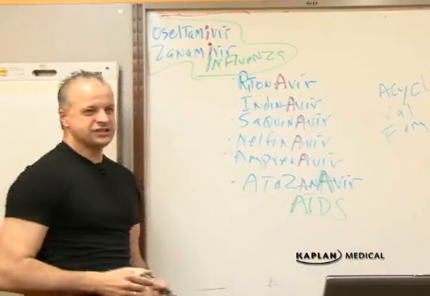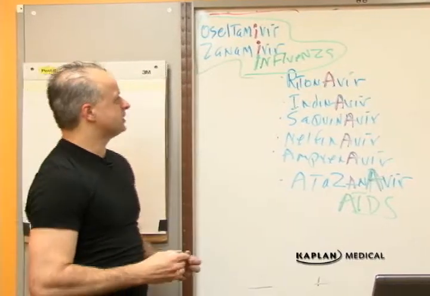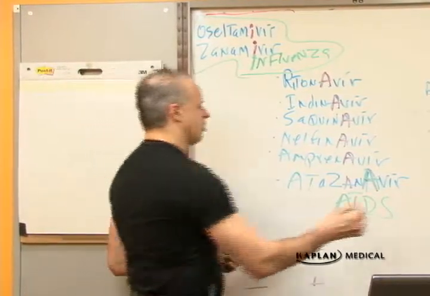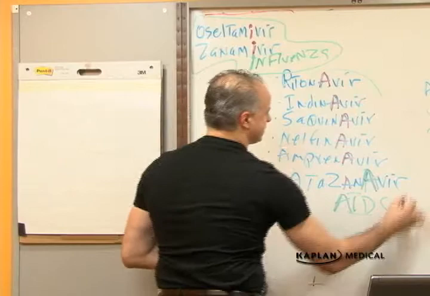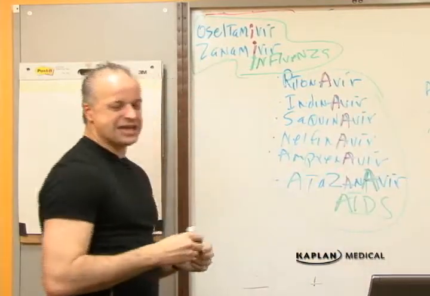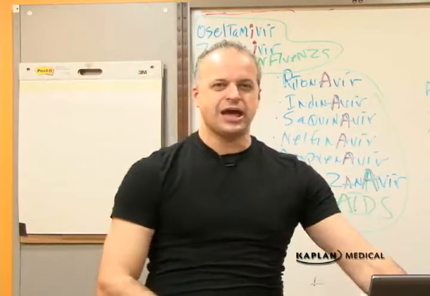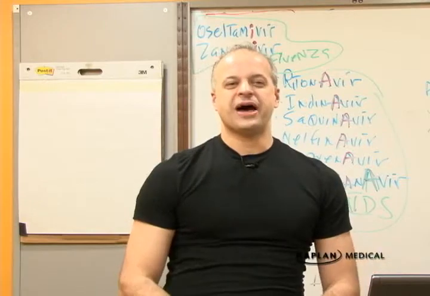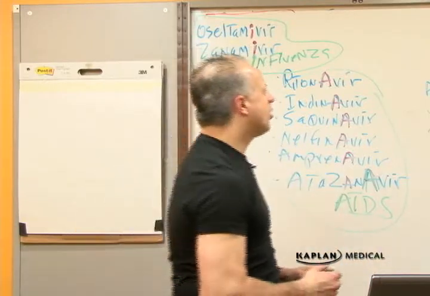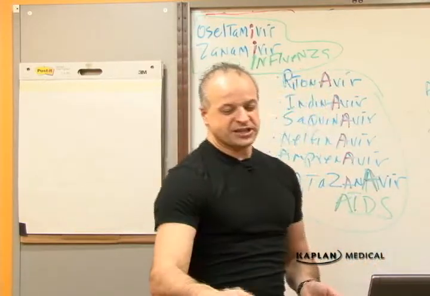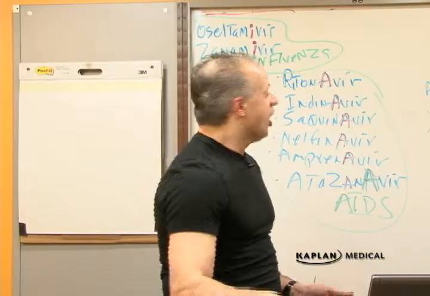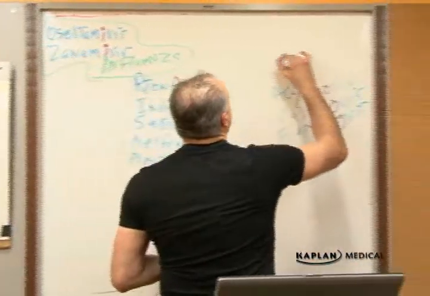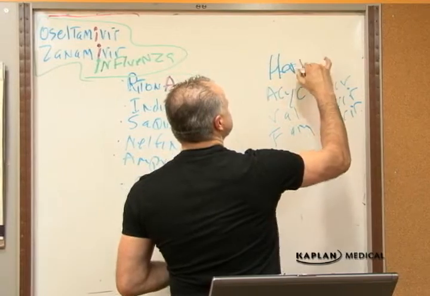AVIR: AIDS. These are protease inhibitors. Now, what about O? What do you think about the O? You think, oh shit, I got herpes.